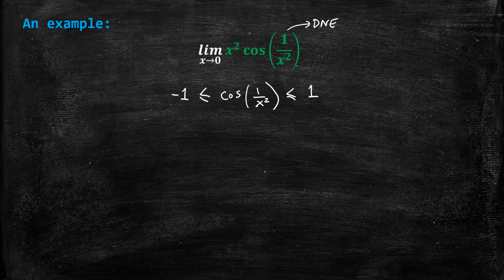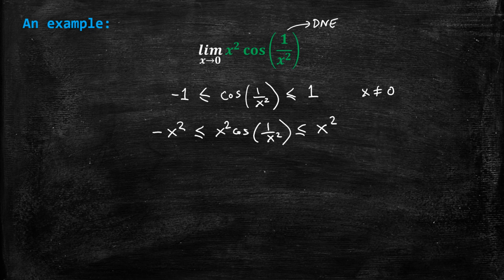It may not exist at 0, it's undefined there, but we have in fact identified two functions, y equals 1 and y equals -1, between which cosine of 1 over x squared is always hemmed. The next step then becomes, since we want x squared in the expression, to multiply throughout by x squared. So we get that this is less than or equal to x squared, and that it's also greater than or equal to -x squared.